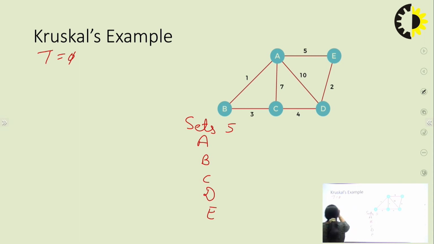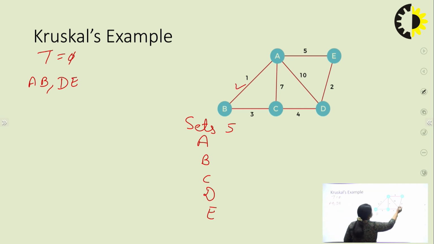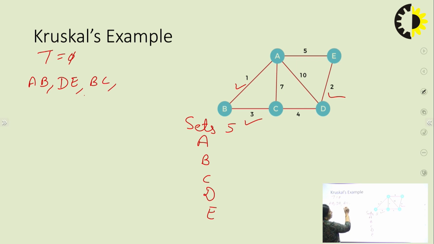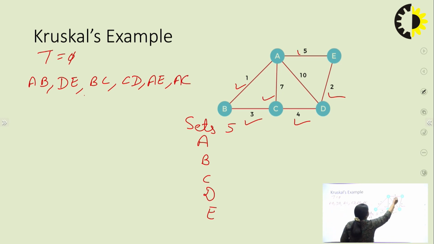That is AB 1, then DE 2, then BC 3, then CD 4, then AE 5, then AC 7, then AD 10. So these are the edges in sorted order.